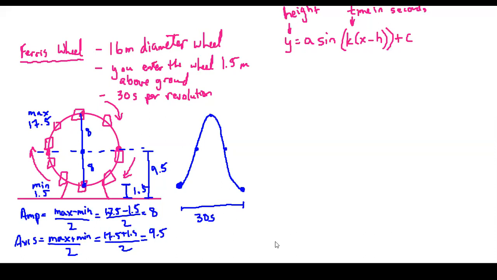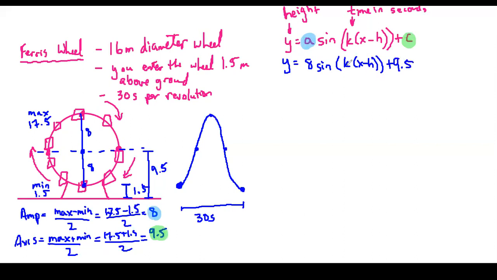Okay, so those two things become very important because the amplitude is A, and the axis is always C. So right now, what we basically have are two of those values. We can say y here is equal to the amplitude, which is 8, times the sine of k(x minus h) plus 9.5. All right.